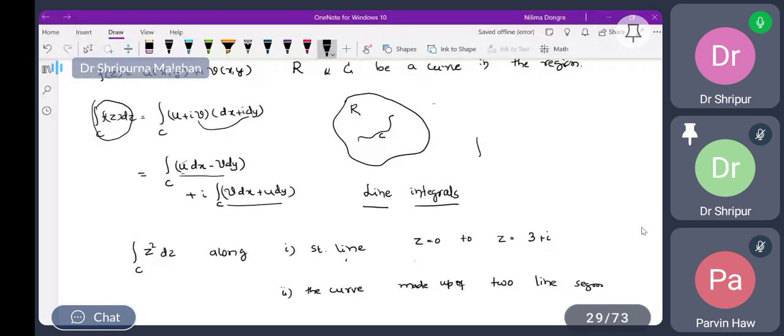One from z equal to 0 to z is equal to 3, and another from z equal to 3 to z is equal to 3 plus i.